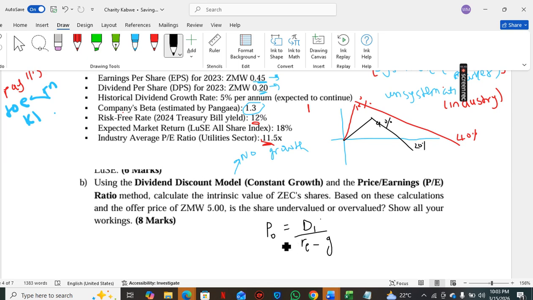D1, next year's expected dividend, over the expected return minus the growth rate.